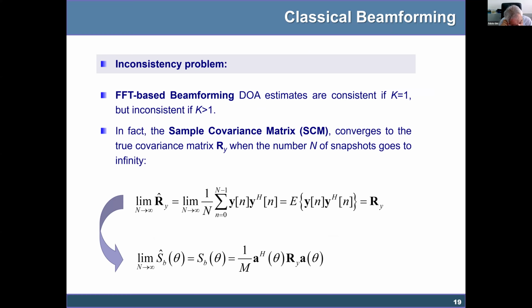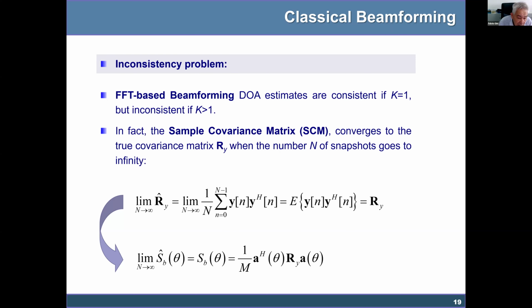Now we want to analyze the performance of the classical beamformer. Remember, only if the array is Euler, the inner product between the data vector and the array response is the discrete Fourier transform of the data. So only if the array is Euler, you can calculate the output of the beamformer by using the FFT.